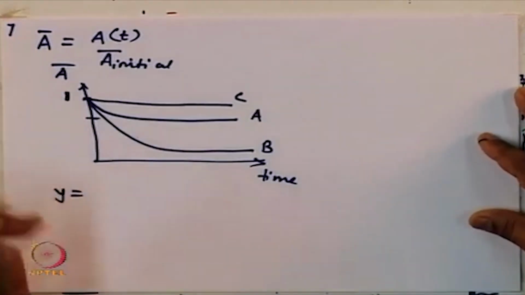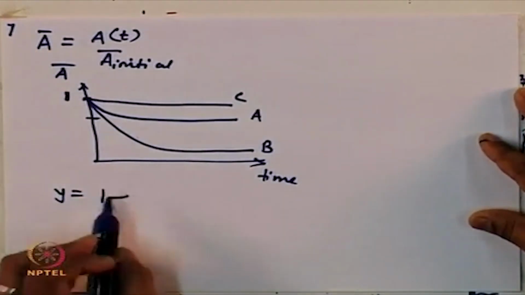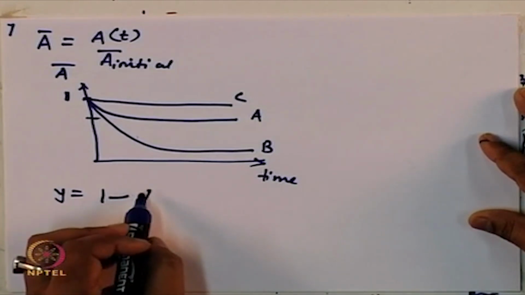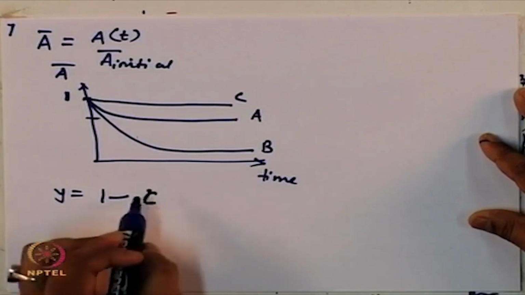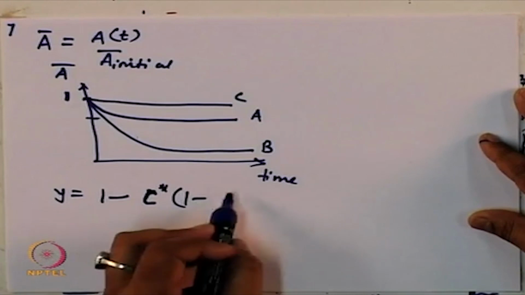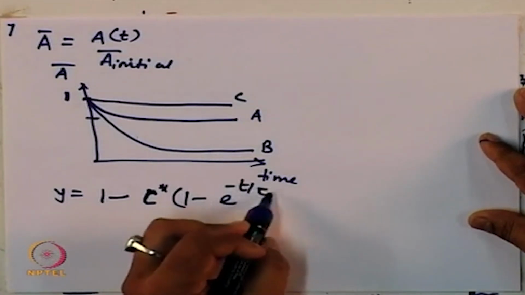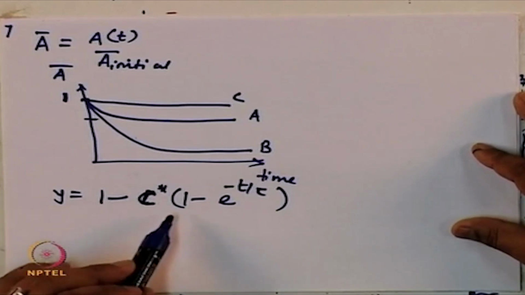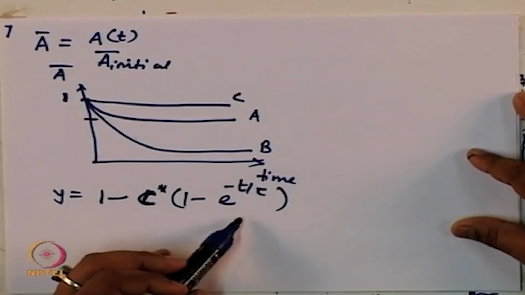So, let us say I use this particular expression: y equals 1 minus C star into 1 minus e to the power minus t by tau.